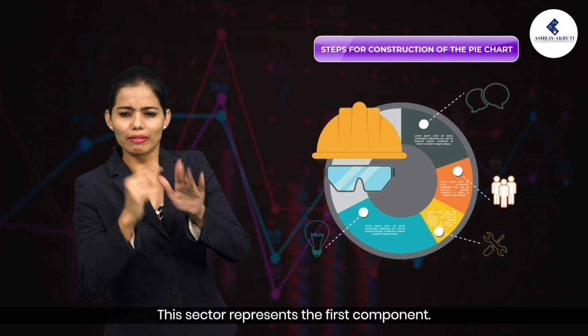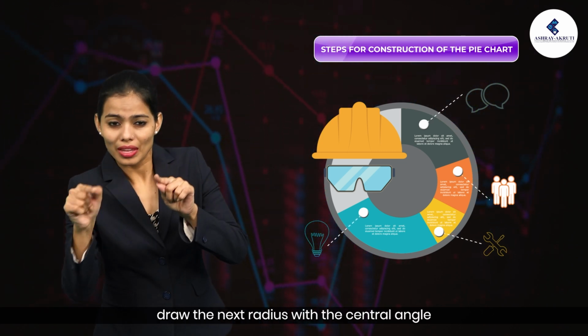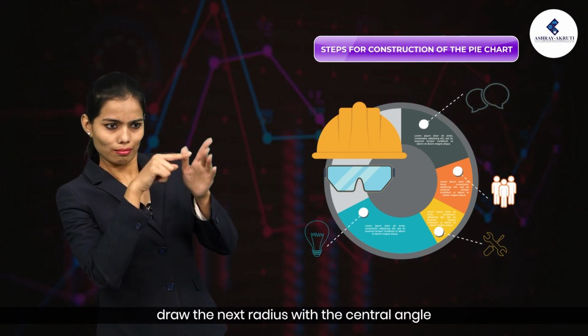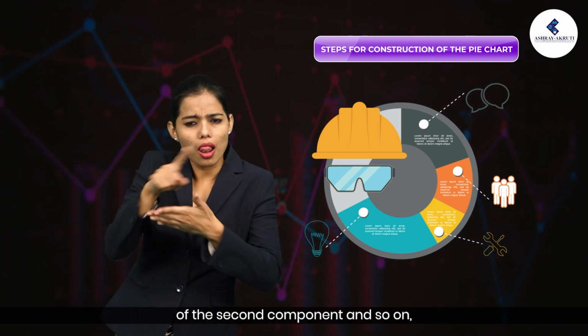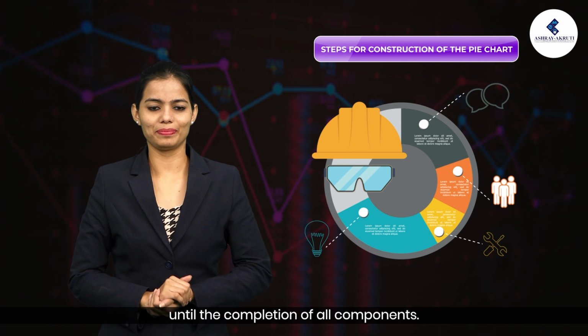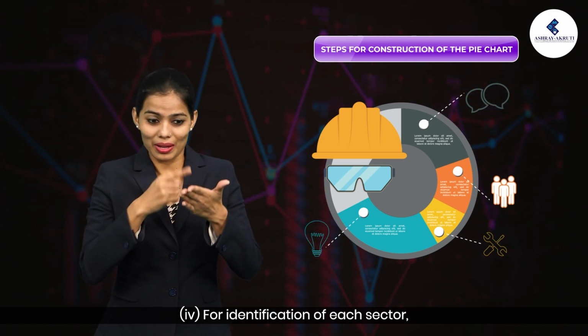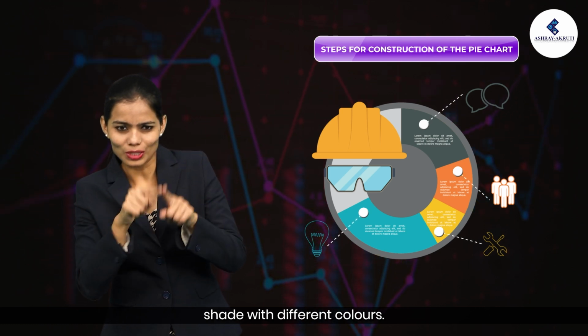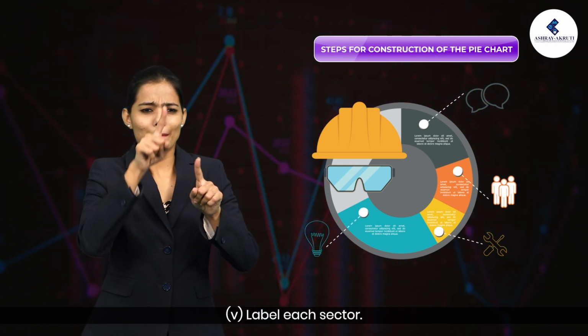This sector represents the first component. From this radius, draw the next radius with the central angle of the second component, and so on, until the completion of all components. For identification of each sector, shade with different colors. Label each sector.